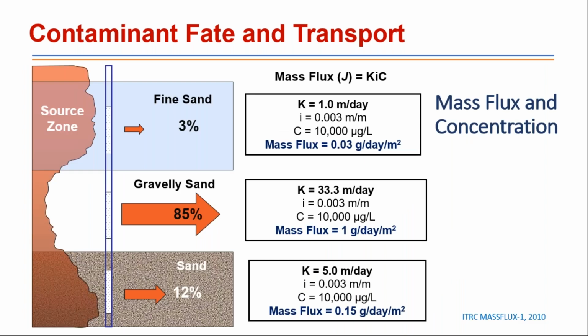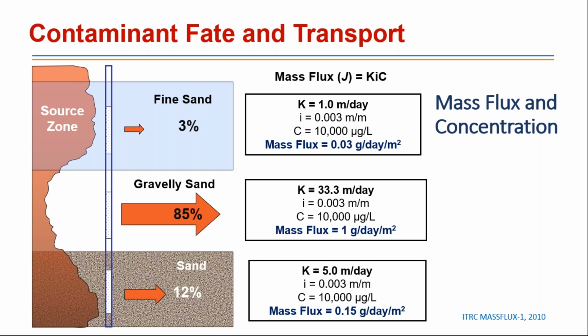Here's an example to explain what looking at mass flux can do. In an area where you have all three of these, the fine sand, the gravelly sand, and the sand, they all have a concentration of whatever contaminant at 10,000 micrograms per liter. But the K in the fine sand is 1 meter per day, the gravelly sand is 33 meters per day, and the sand is 5 meters per day.